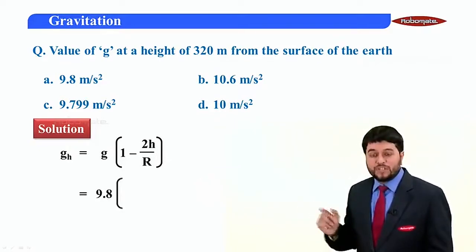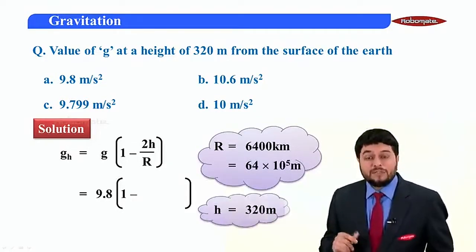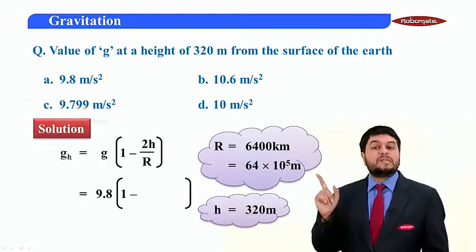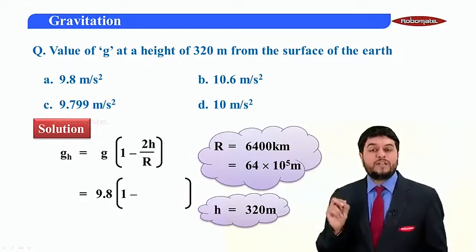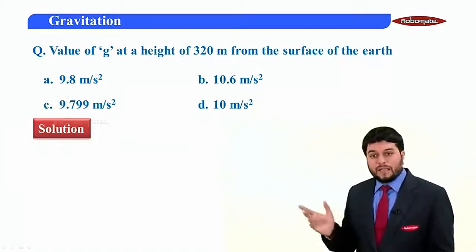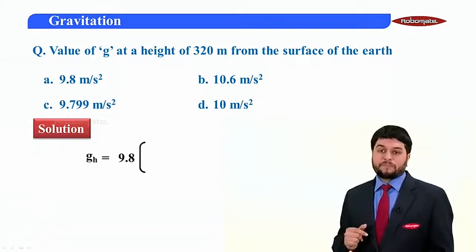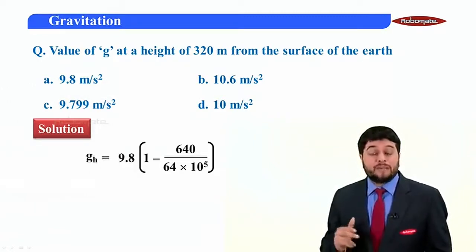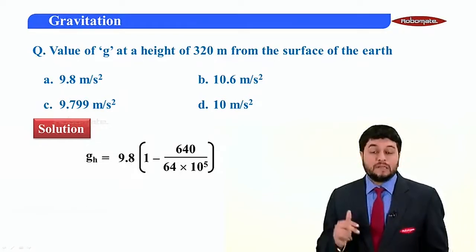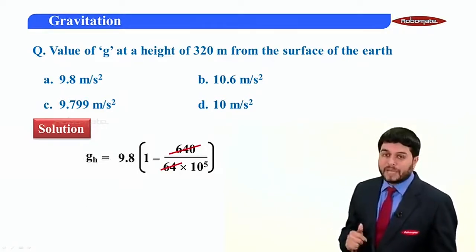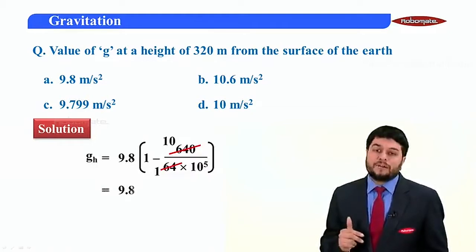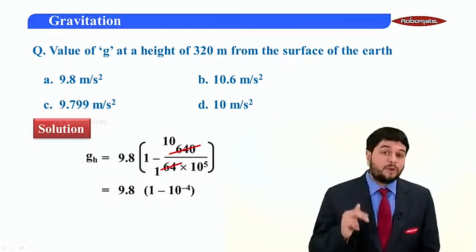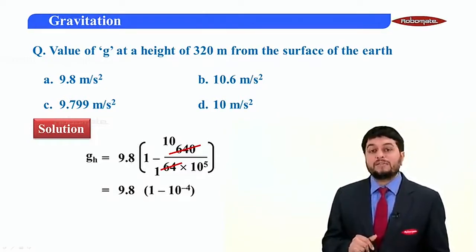So substituting, g_h equals 9.8 into 1 minus 2h upon R, where h is 320 meter and R is 6400 kilometer, that is 64 into 10 raised to 5 meters. Calculating, I get g_h equal to 9.8 brackets 1 minus 640 upon 64 into 10 raised to 5, cancelling 64, and finally I get 9.8 into 1 minus 10 upon 10 raised to 5, that becomes 10 raised to minus 4.